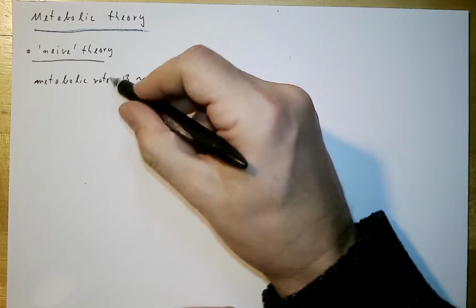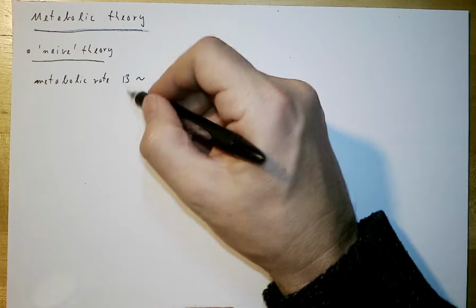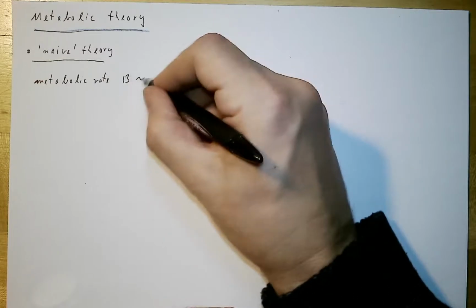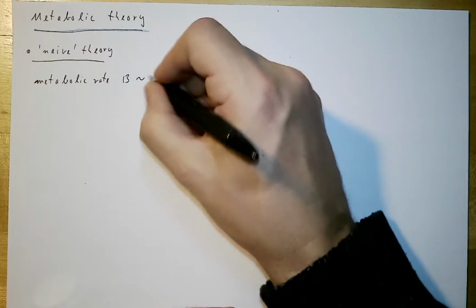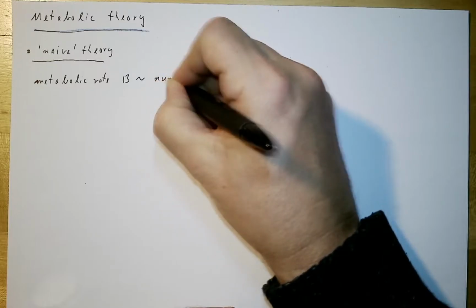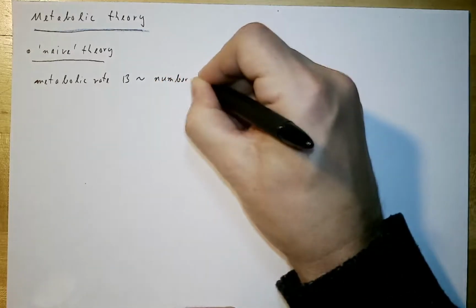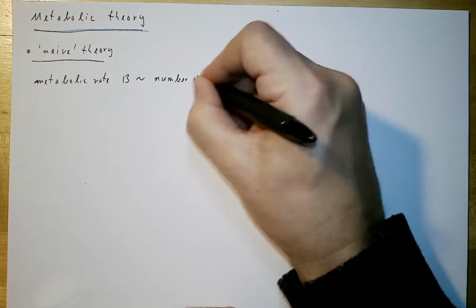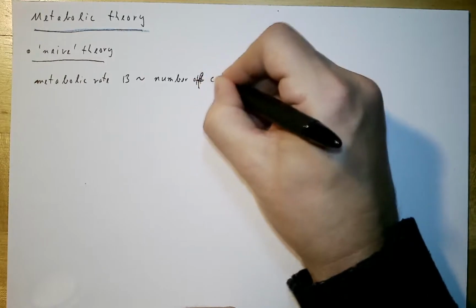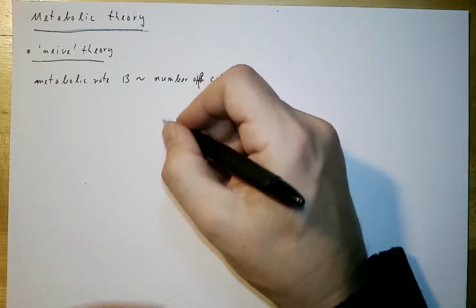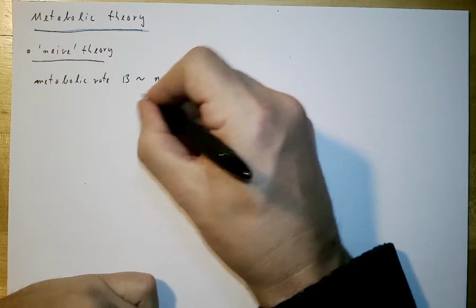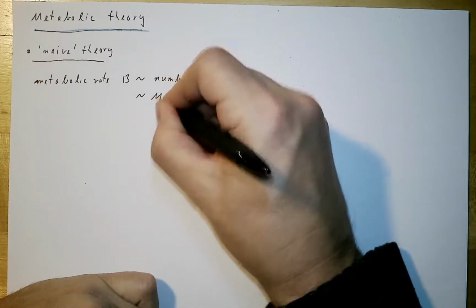And if the animal would be a machine, then the metabolic rate would be proportional to the number of cells. And the number of cells would be proportional to the body mass.